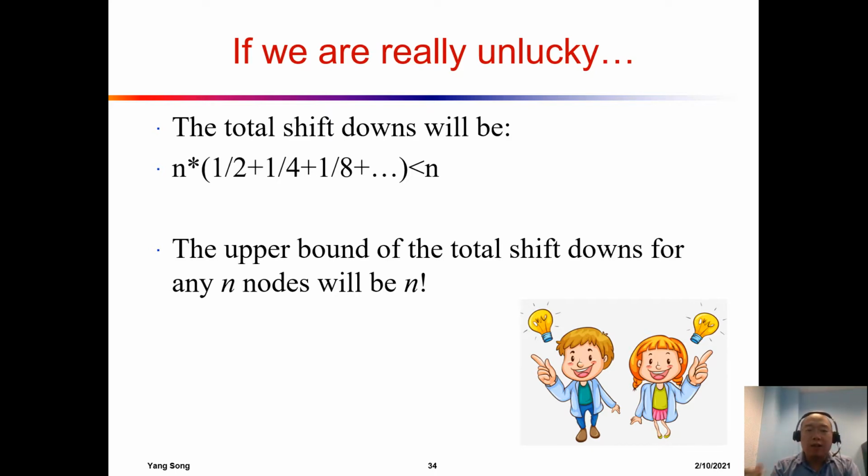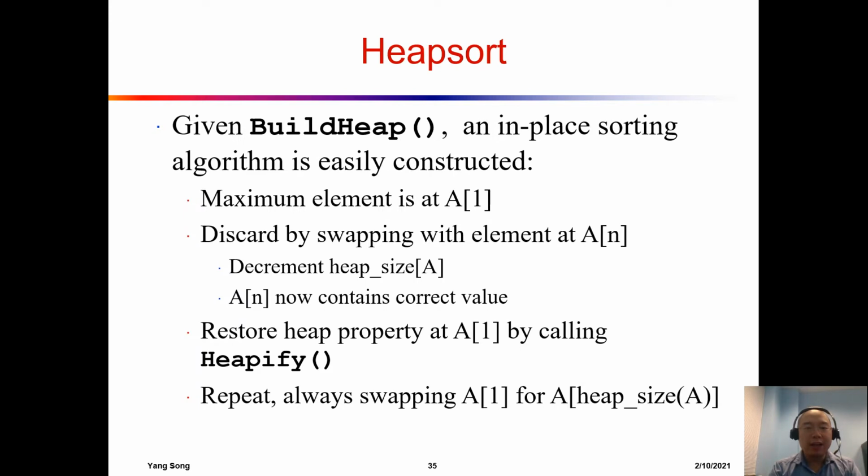So there will be a total of up to n nodes to be shifted down. So the tight bound of building a heap from scratch will be O(n). In other words, building a heap from an unordered list is a linear algorithm. Okay, so this is the part of building the heap.